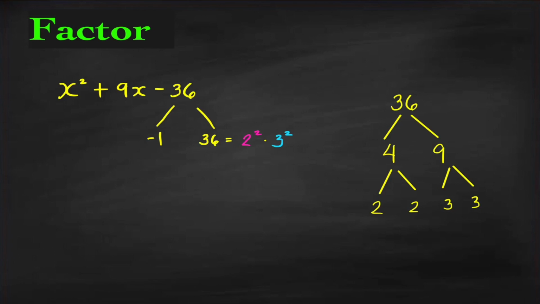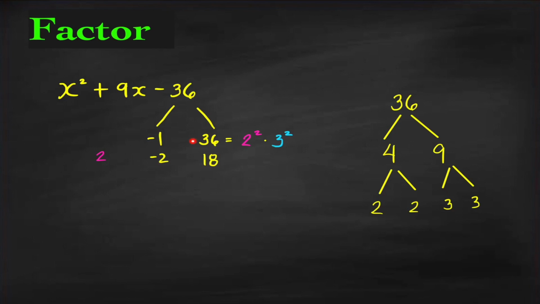Now, to find the other combinations that will add up to 9, what we're going to do here is to pull out some factors of 36. Okay, let's start with copies of 2. So if we pull out one copy of 2 here, every time you pull out a factor from this number, you have to multiply it to this one because the product must be equal to negative 36.